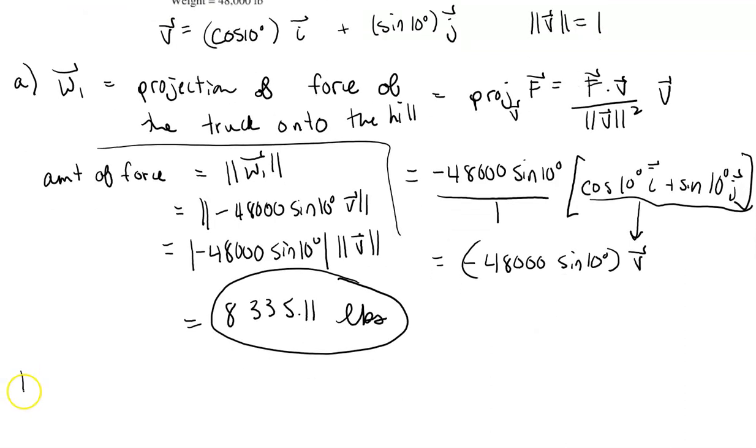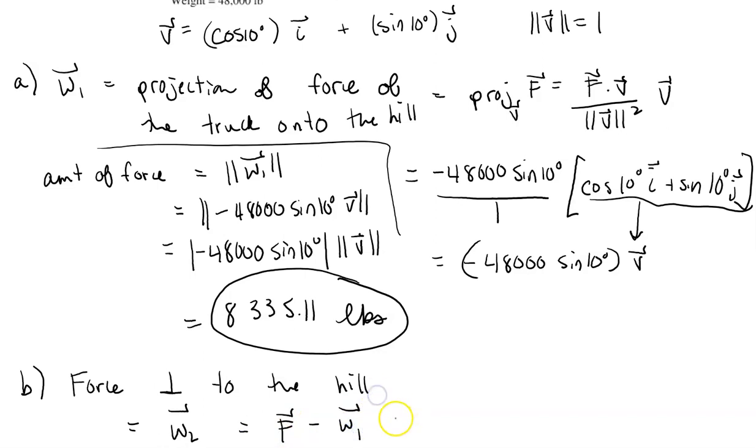Now the other question is the force perpendicular to the hill. So the force perpendicular to the hill is going to be W2, that complement that we talked about, which is going to be F minus W sub 1.